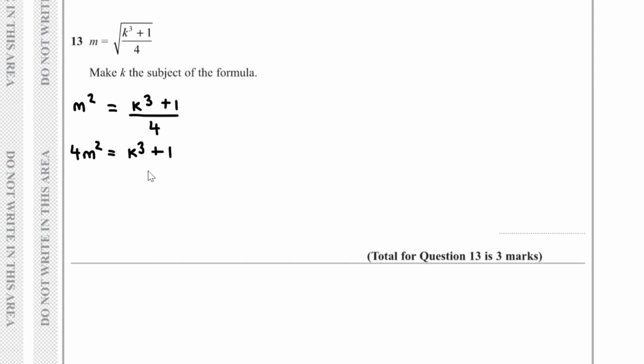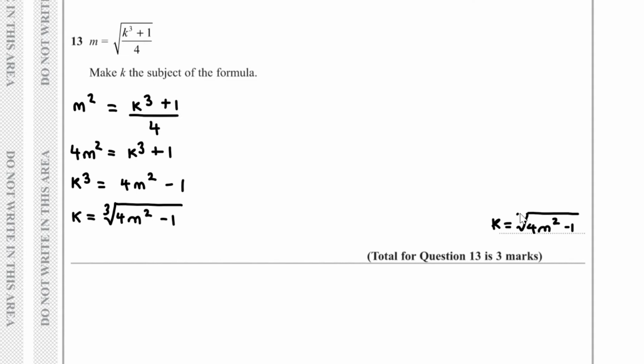If we subtract 1 from both sides, you'd find k cubed to equal 4m squared minus 1. And if we cube root both sides, k is equal to 4m squared minus 1, cube rooted.